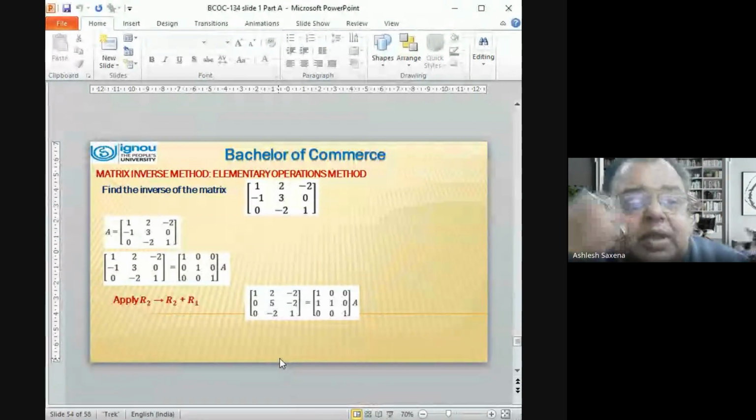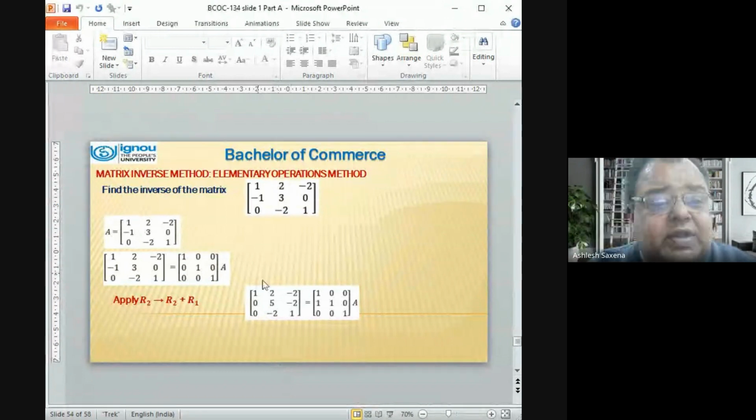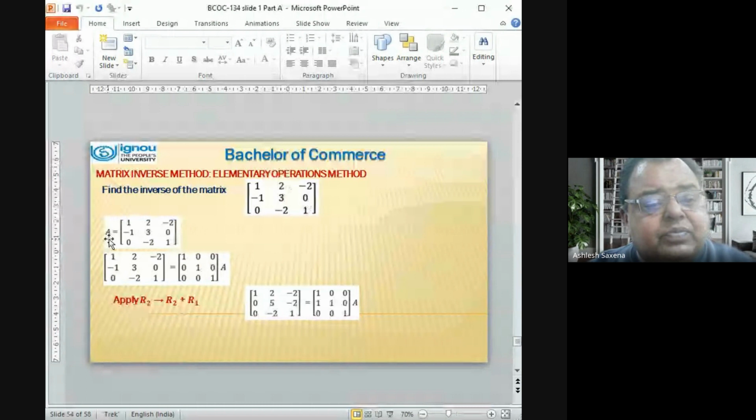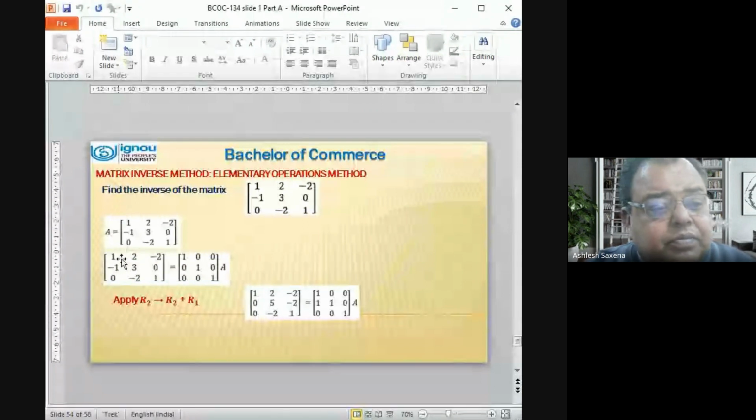You have to find the inverse of this matrix. Write it this way: A is equal to the identity matrix of order 3 into A.